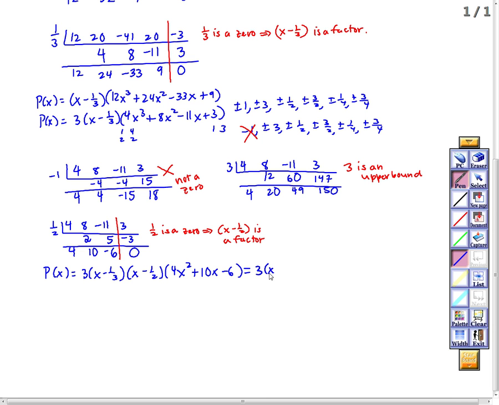So 3 times x minus 1/3, x minus 1/2, I can factor out a 2 and get 2x squared plus 5x minus 3. If I want to pull the numbers up front, I can. 3 times 2, I have a 6, times x minus 1/3, times x minus 1/2.